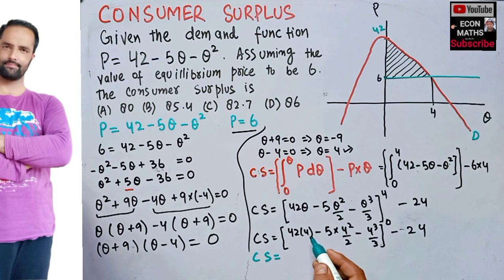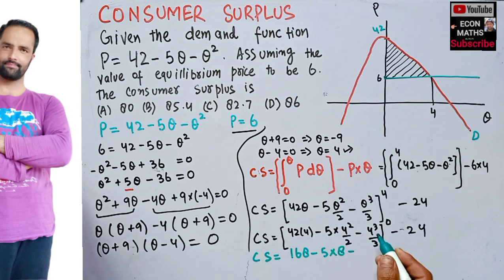Okay, now if we solve it, consumer surplus will be equal to, here 4 2s are 8, 4 4s are 16, so it is 168, minus 5 into 16 divided by 2, and 16 divided by 2 is 8, so 5 into 8, minus 4 4s are 16, 4 16s are 64 divided by 3, minus 24.